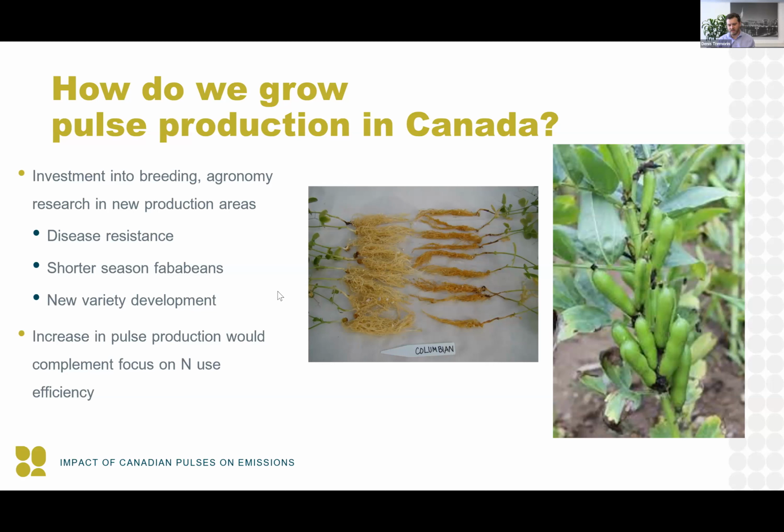And what's needed there is faba bean varieties that are high yielding, that maintain their yields, but also have a shorter season. That's not so much a problem in parts of Manitoba, but on one of the northern fringes it is.